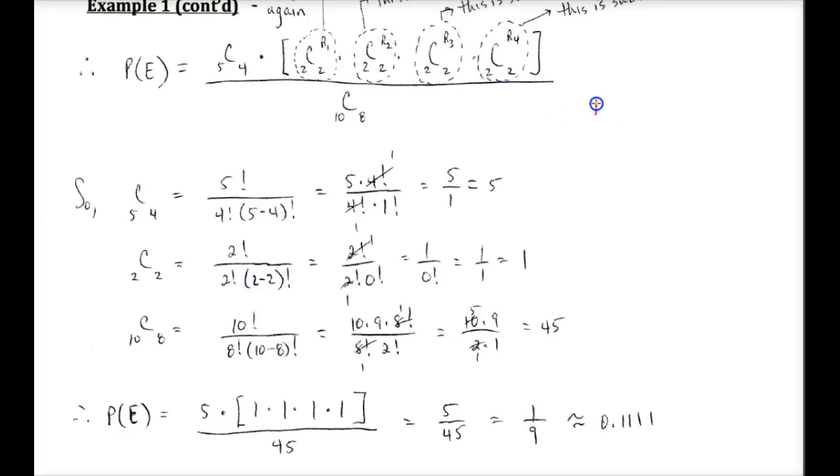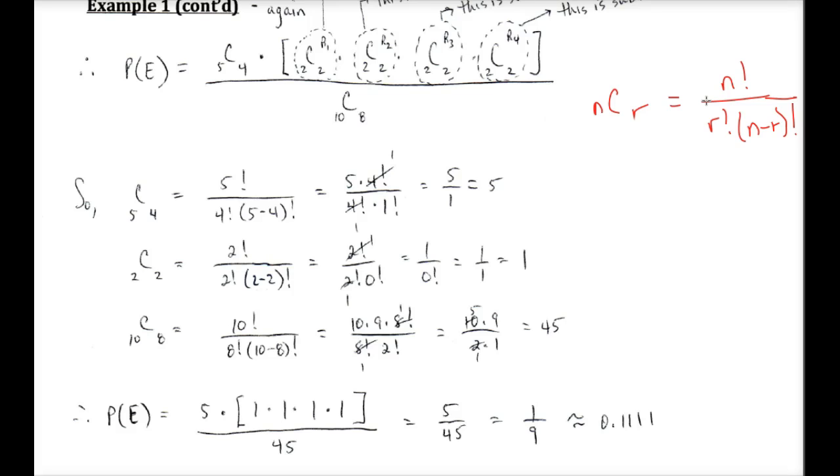Our basic formula, the combination of n things taken r at a time, is just n factorial over r factorial times n minus r factorial. And if you're unfamiliar with how to calculate things in factorials, please check out my factorials video because I do go into that in detail, and it'll explain how we do this.